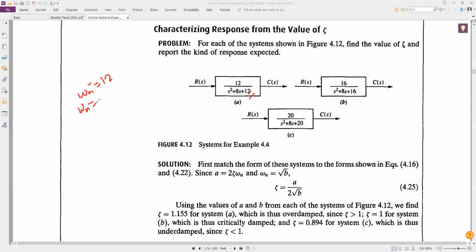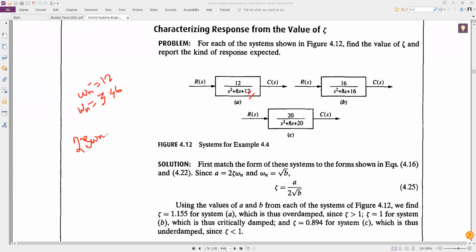Anyone have any idea? Square root of 12 means 3.46.